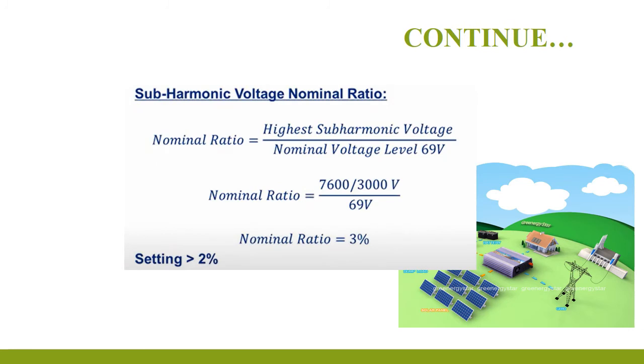If I talk about the subharmonic voltage nominal ratio, it can be defined as the ratio between the highest subharmonic voltage divided by the nominal voltage level, 69 volt. So settings will be like greater than 2%. Here in this case we have the nominal ratio around 3%, which is greater than 2.